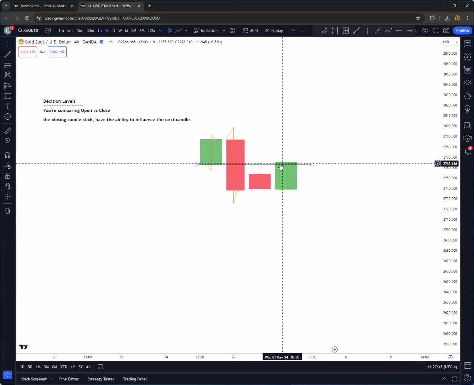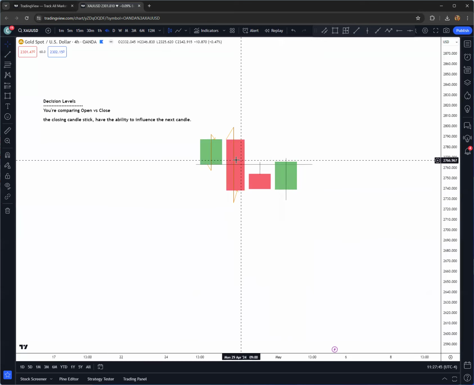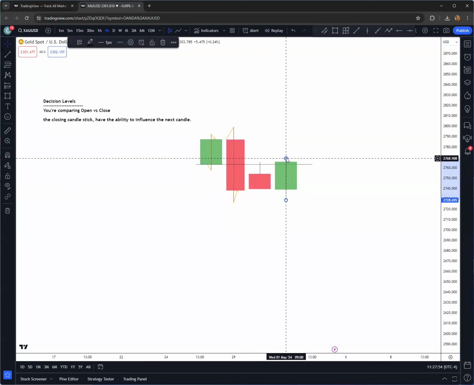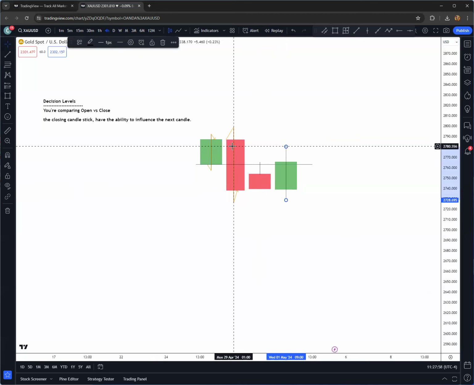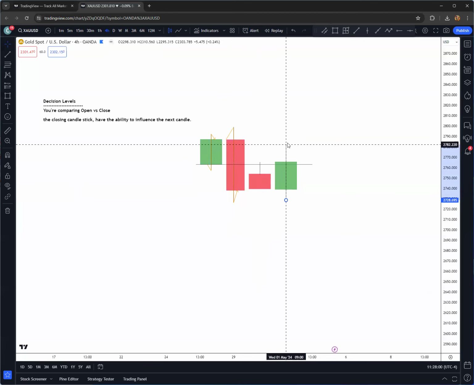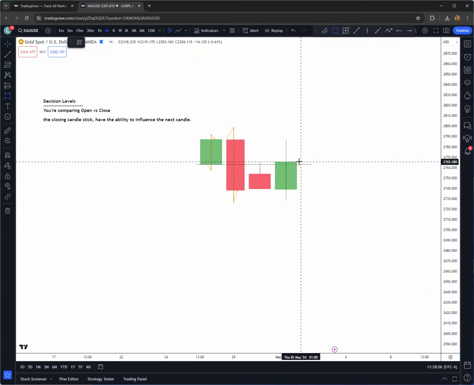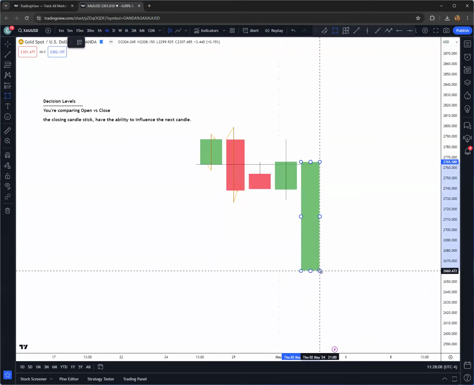But you need to drop time frame to see what this actually breaks in here, because on a lower time frame, it could just be pushing up to tap into something up here, or even take this level right here, close here, and then the next candlestick opens and does this.